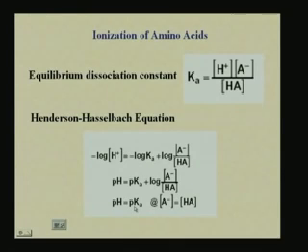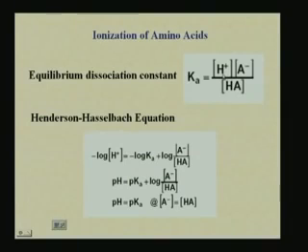We are considering our amino acid as one HA form, right, and we consider the dissociation from HA to H plus and A minus. And what am I getting from there? I am getting a pH equal to pKa when my A minus is equal to the HA. Fine?